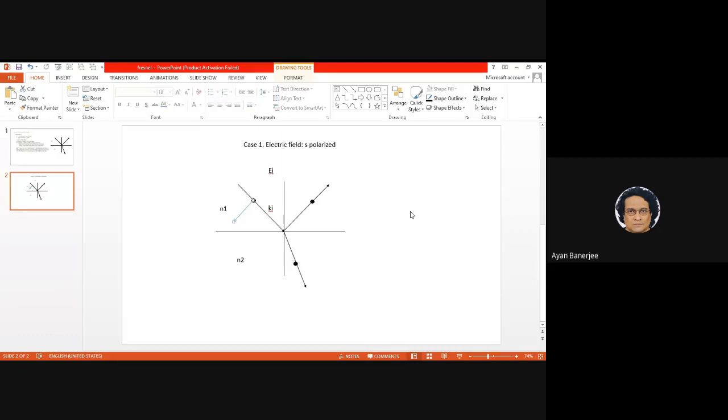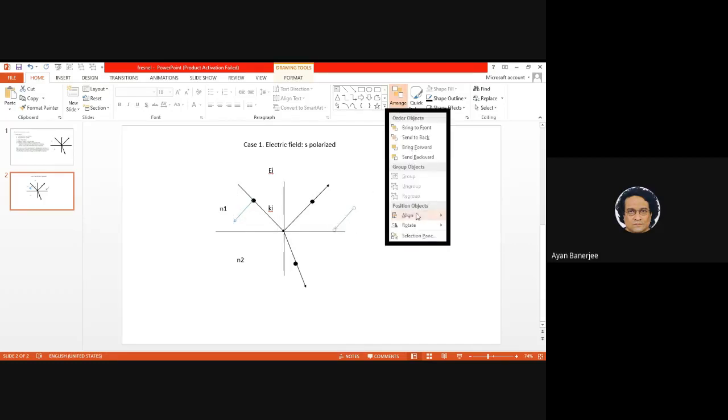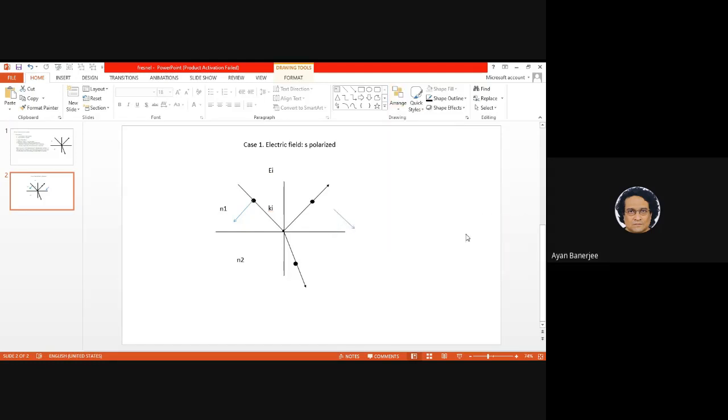Which way will it be there? Southeast. Perfect. Good. And here, this is the same as here, right?